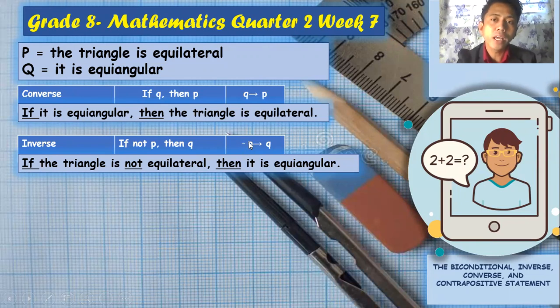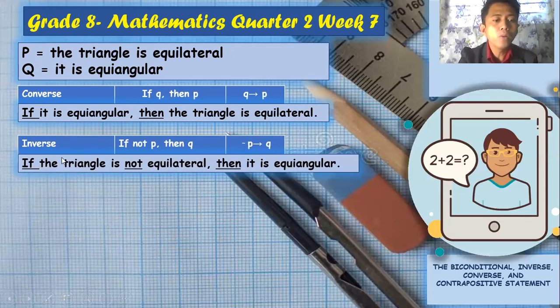What is negation? Negation means not. What do you mean by the word not or negation? Negation is getting the opposite statement or the opposite meaning of that given statement. That's why we have the word not. So if we read this symbol, we have negation P implies negation Q.